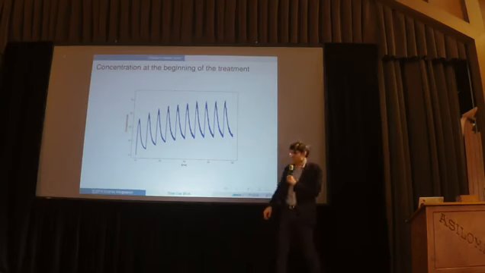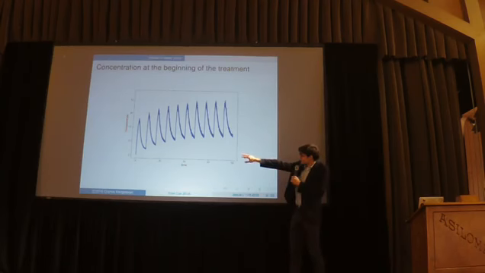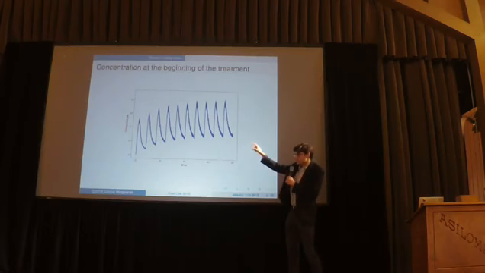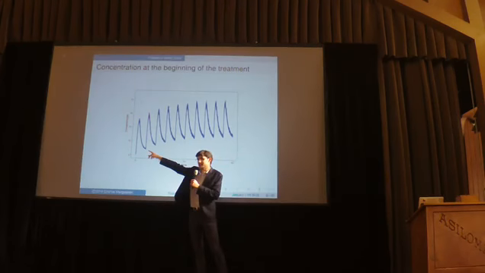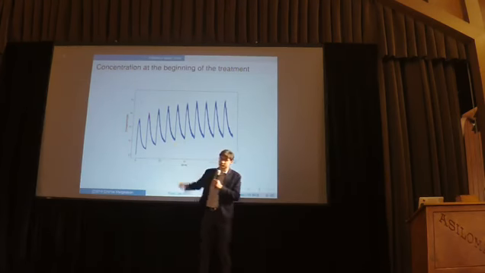And what you may notice is that between cycles, there's an increase in the drug concentration as the patient takes more and more of those drug doses, right? So especially if I look at the drug concentration at the beginning of each cycle, it increases on average.